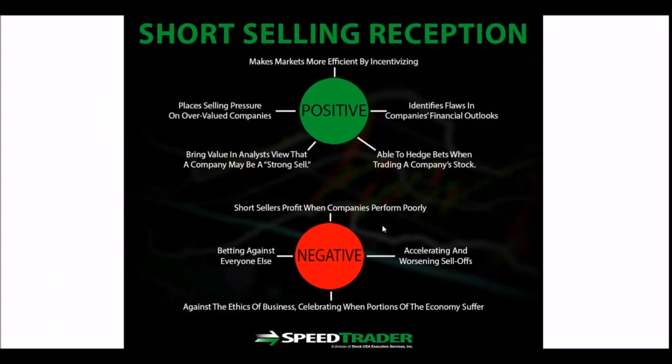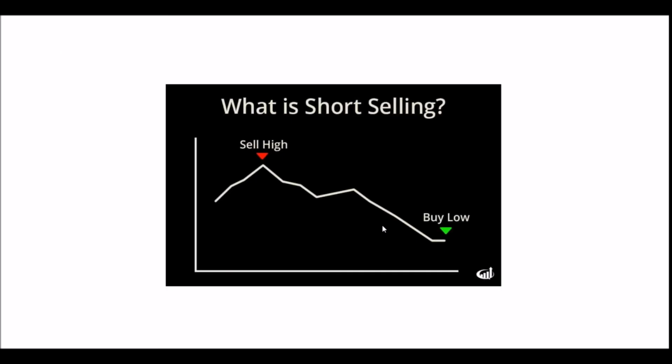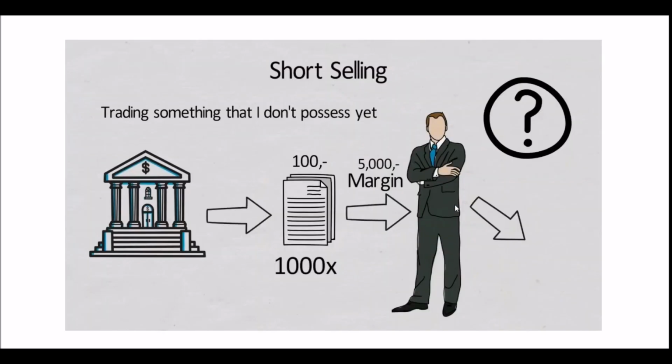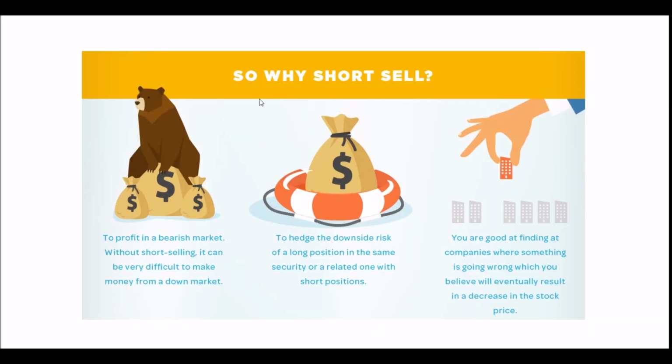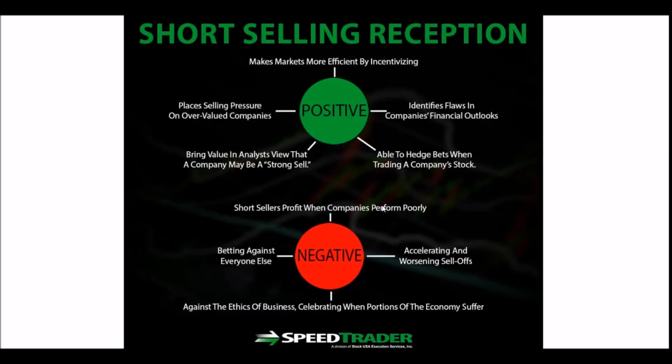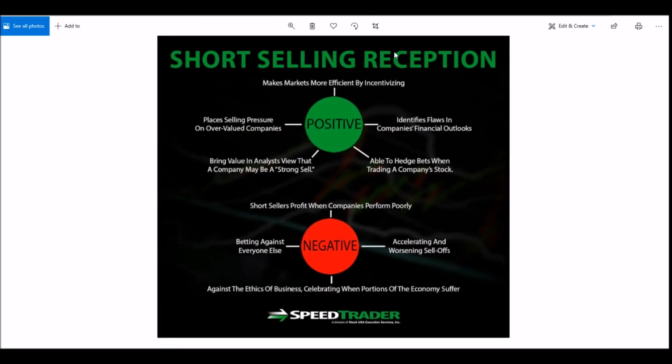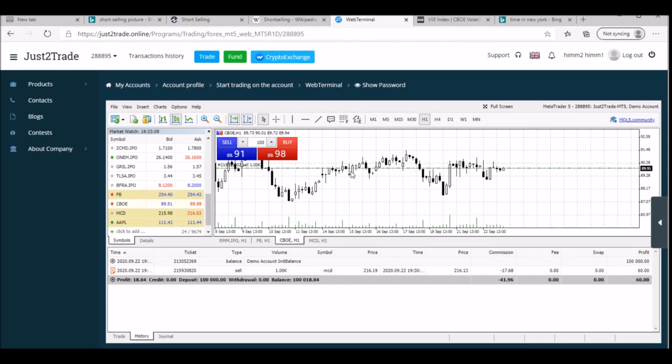So, yes, guys, that is it for now. We spoke about shorting, short selling, sell high, buy low, and then we spoke about you borrowing from the broker to sell, and then we spoke about why to short sell, and then we also gave the positive and the negative, and then we also tried it on the platform, and then we made a profit of $60, which is very good.